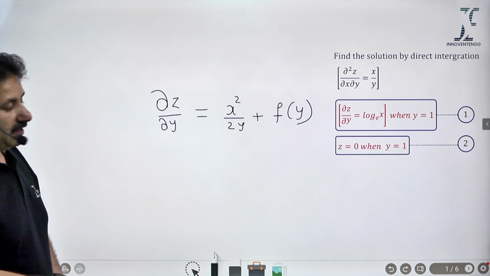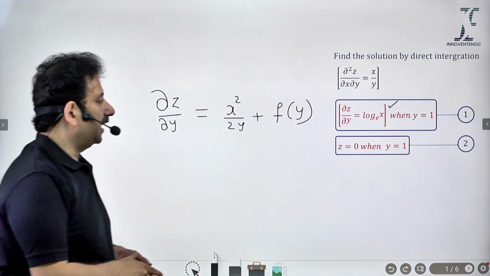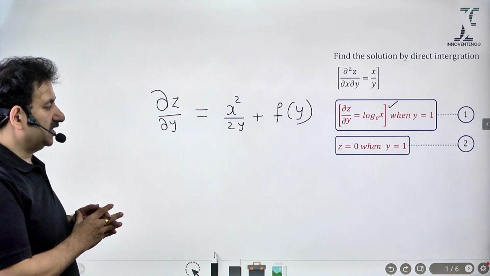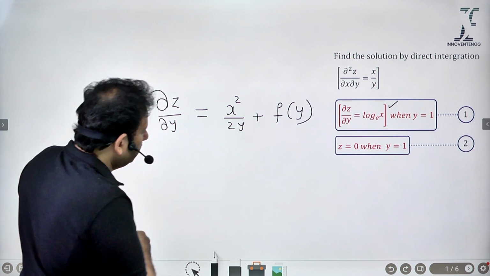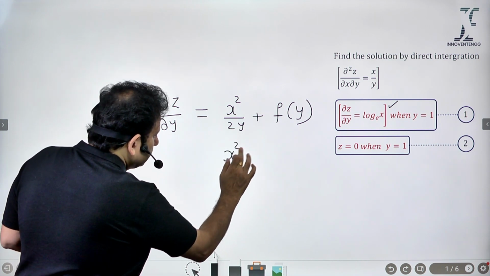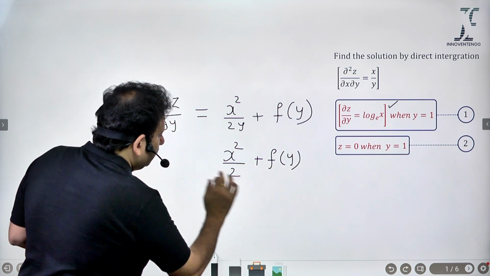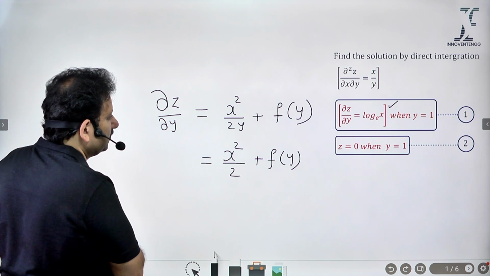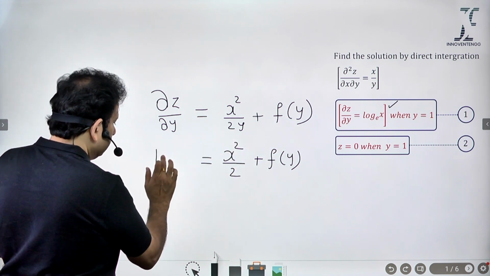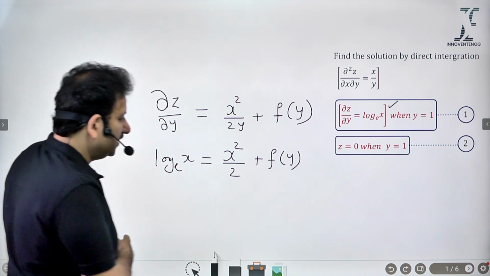Clear? So now let me make use of the first boundary condition to get rid of the first unknown function, rather transform that into a known function. So when I put y is equal to 1, I get x square by 2 plus f of y, and in the process I also change the definition of the partial derivative of z with respect to y, because when y is equal to 1, this is simply log x to the base e.